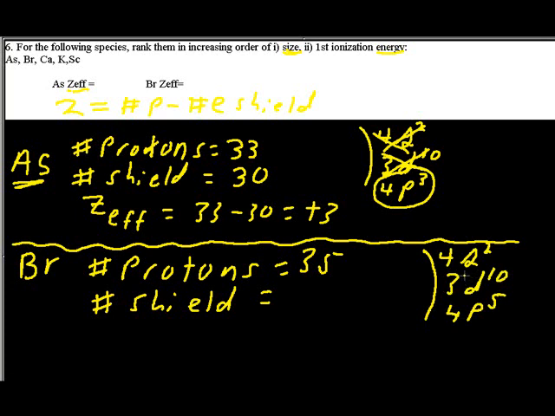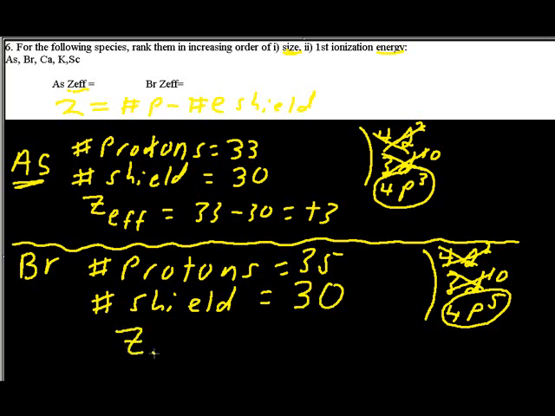So what we again have happening is those are part of the shield. These 5 electrons are in fact the very outside. But notice something. We once again have 30 here, because that's the total number of shielding electrons.